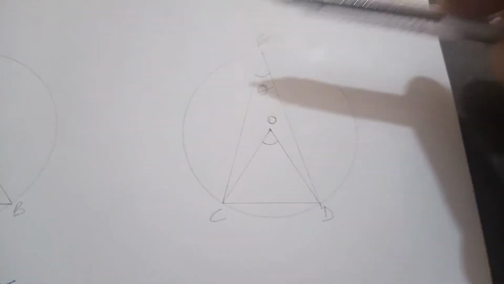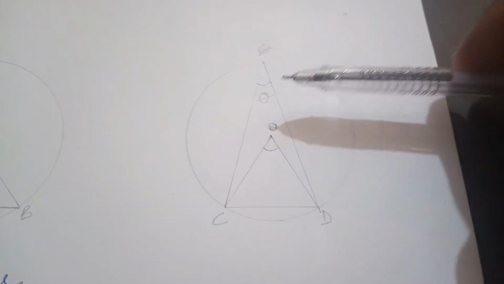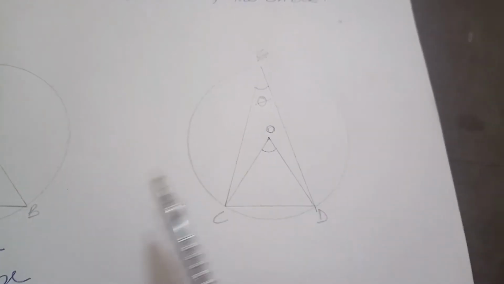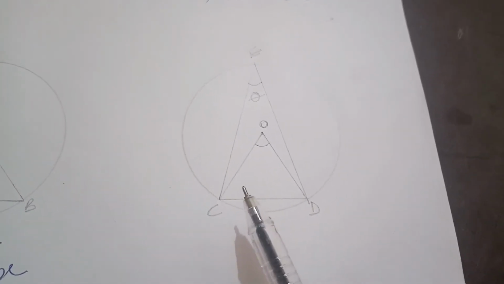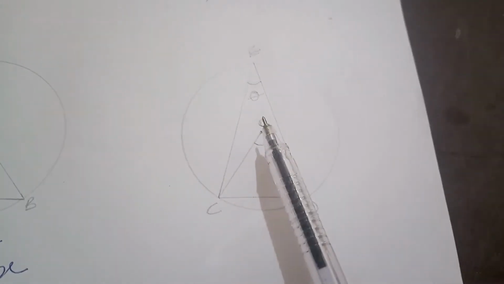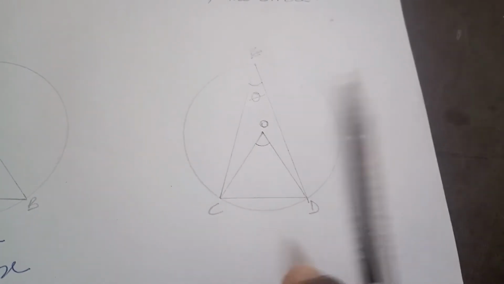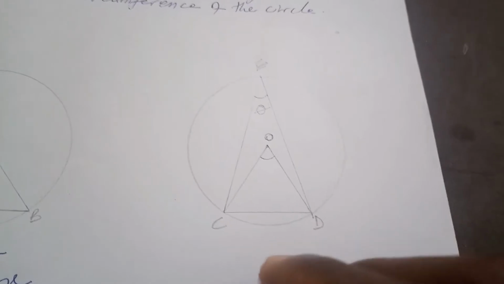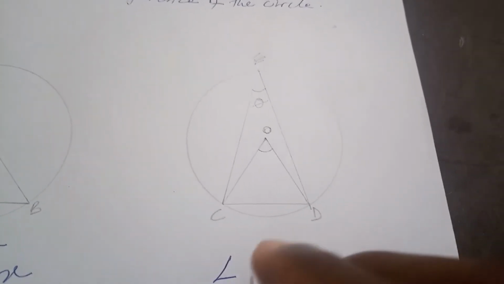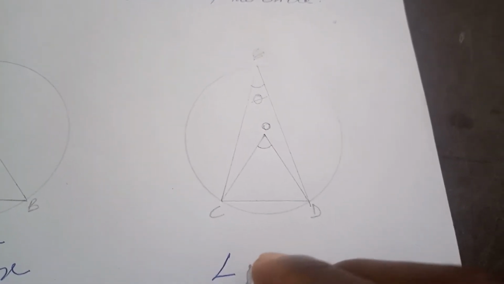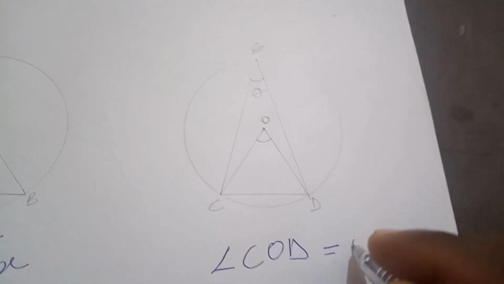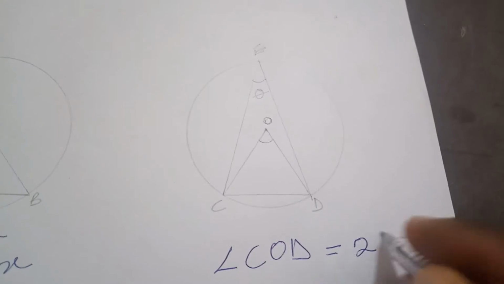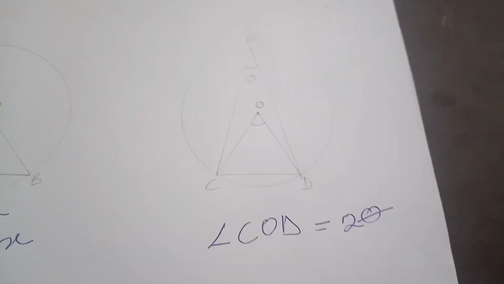Coming to the second example here, the same chord is CD, so it means that the angle subtended at O, which is the center of the circle, will be twice. Let me just write that: angle COD equals twice theta.